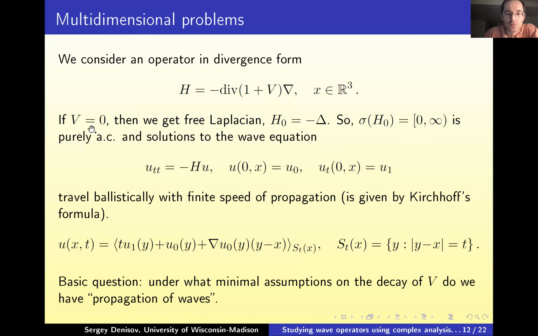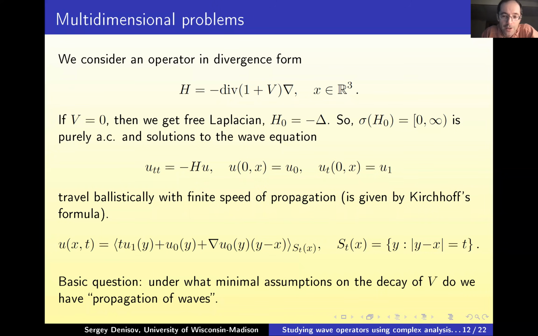So suppose that V is equal to 0, then you must get an unperturbed operator. Well, what it is, it's a divergence of the gradient. So this is the standard Laplacian. And since I want to work with operators which are non-negative, that's just the tradition in that business, I'm putting a negative sign right here.